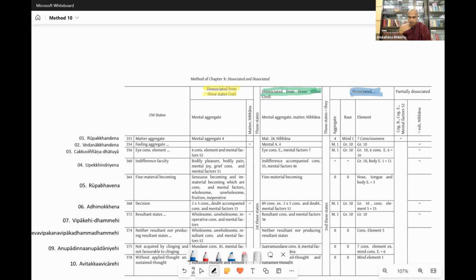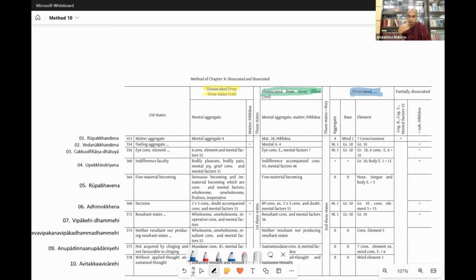First we have to get the disassociation, Yedamma Vipayutta. The dhammas which are disassociated with the matter are the 4 mental aggregates. I think the knowledge from the 6th method is directly applied here because we have the vipayutta here. So this is the first disassociation.